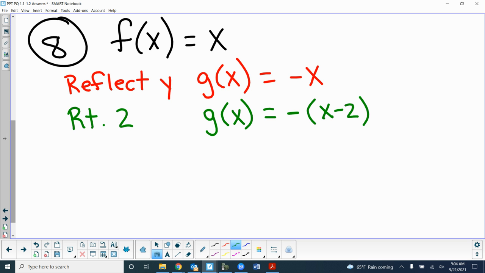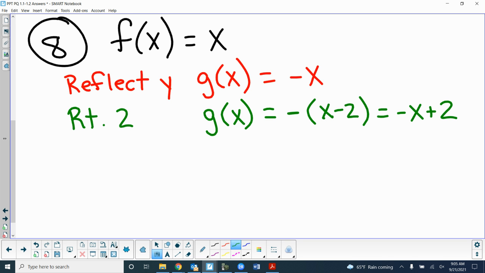Simplify that. You can distribute the negative, because it's not absolute value, it's just a normal parenthesis. So it's like negative 1 times both of those. So I simplify it.